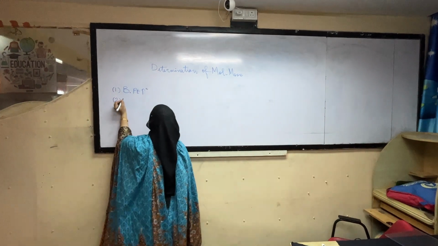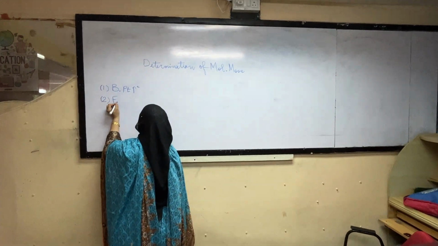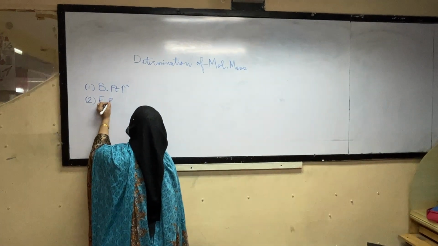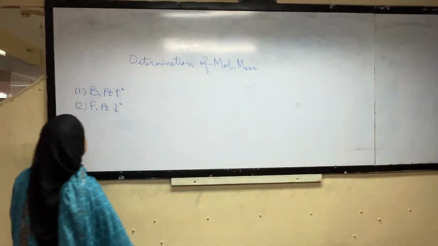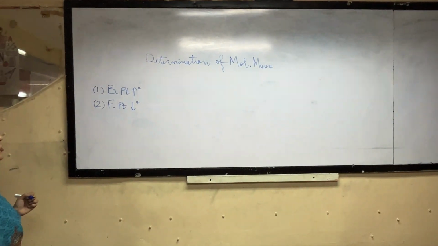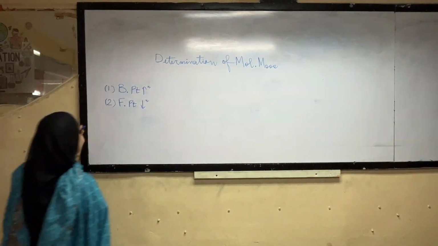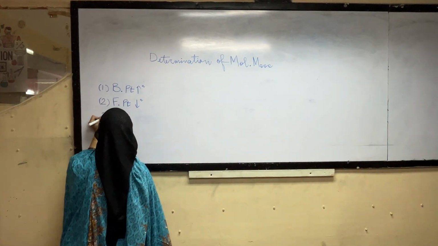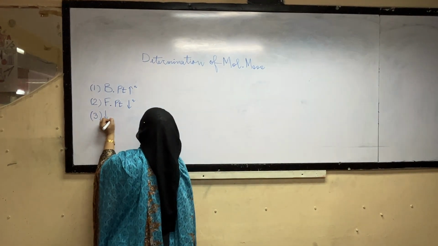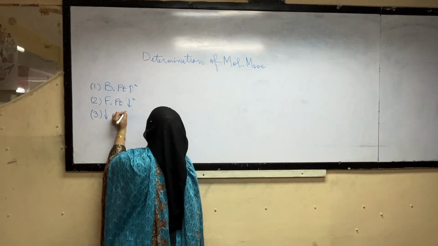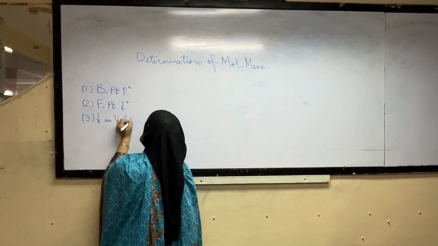Then we have freezing point depression. This means that the freezing point of the solution decreases as compared to the freezing point of the pure solvent. Then we have drop in vapor pressure.